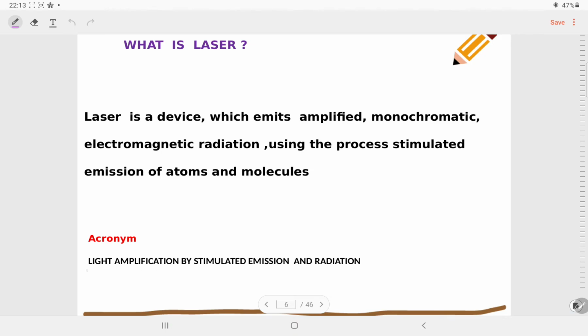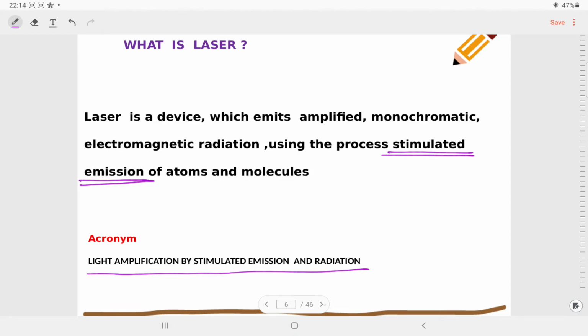Here is the definition: laser is a device which emits amplified monochromatic electromagnetic radiation using the process of stimulated emission of atoms and molecules. This stimulated emission is really an important process for us to understand. I'm repeating the definition again: laser is a device which emits amplified monochromatic electromagnetic radiation using the process of stimulated emission of atoms and molecules.